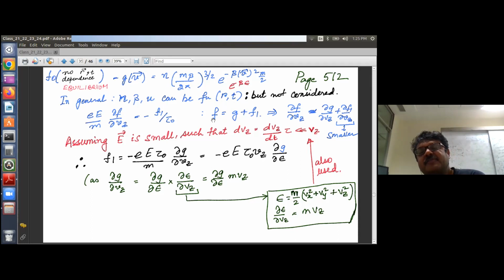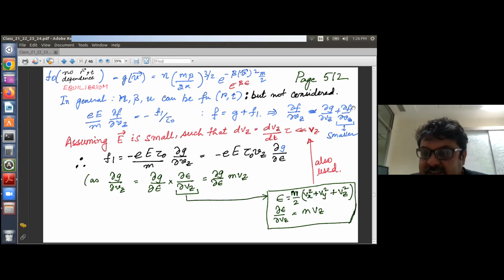And f can be written as the equilibrium distribution plus f1. The deviation from the equilibrium distribution is f1. As a consequence, del f del Vz is del g del Vz, the change in the equilibrium distribution in the direction of Vz, plus del f1 del Vz.